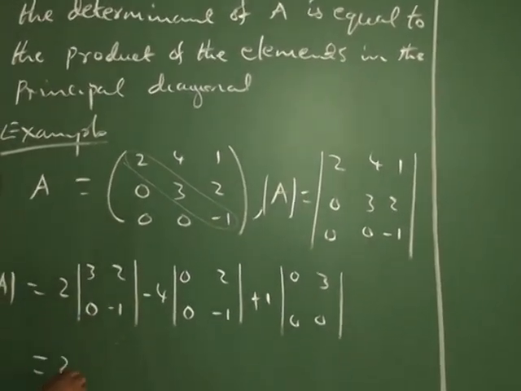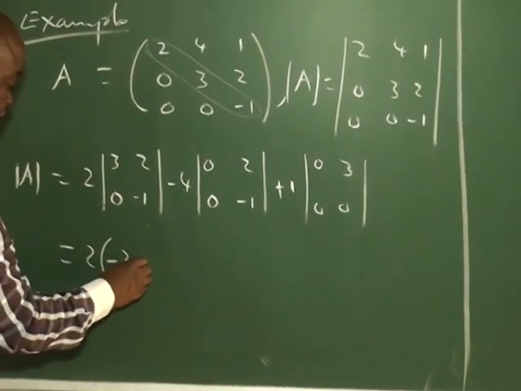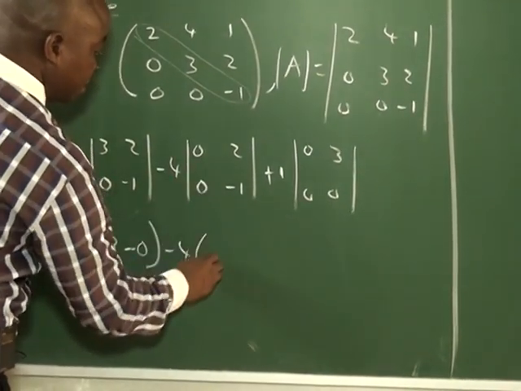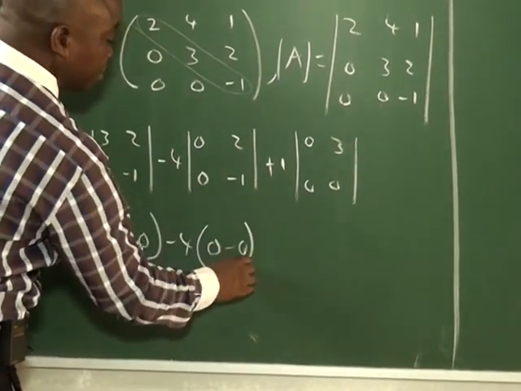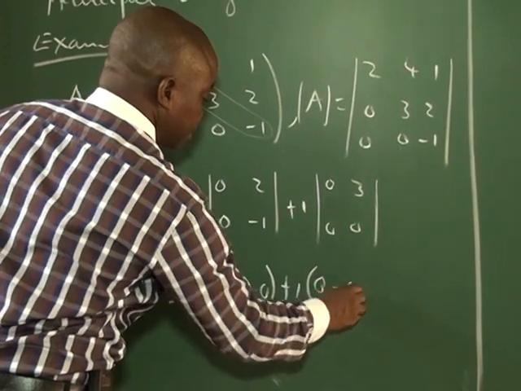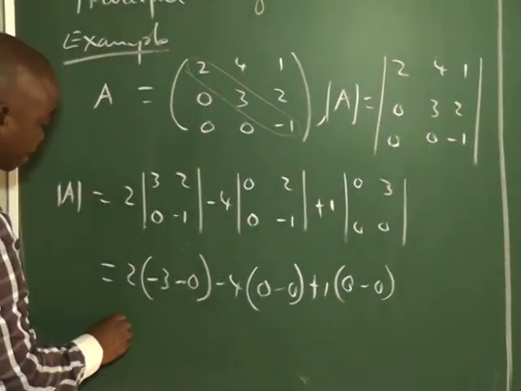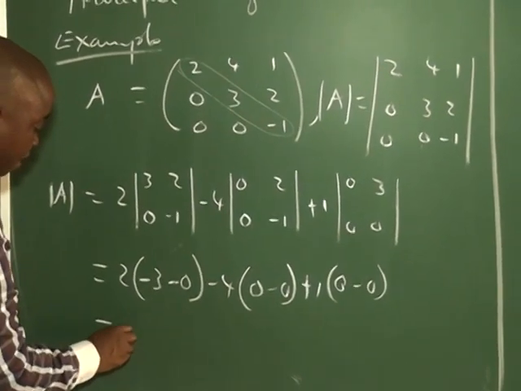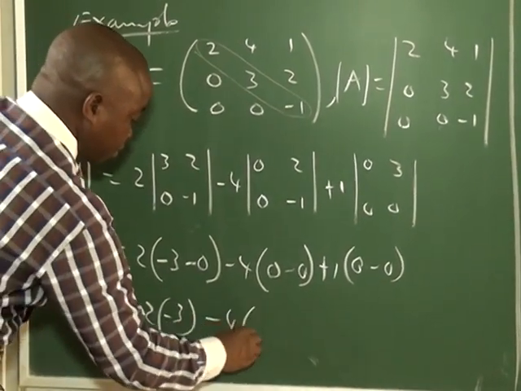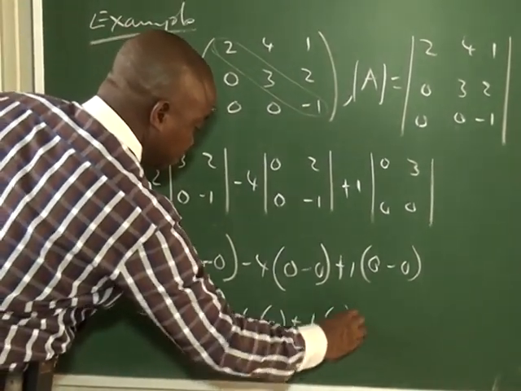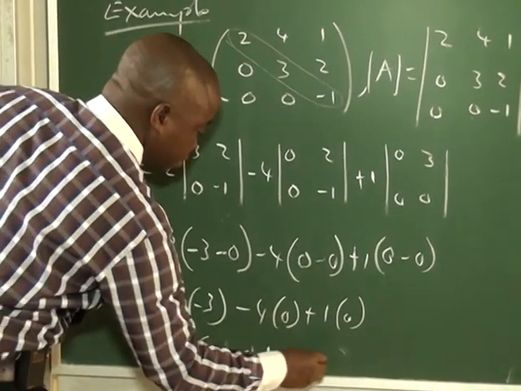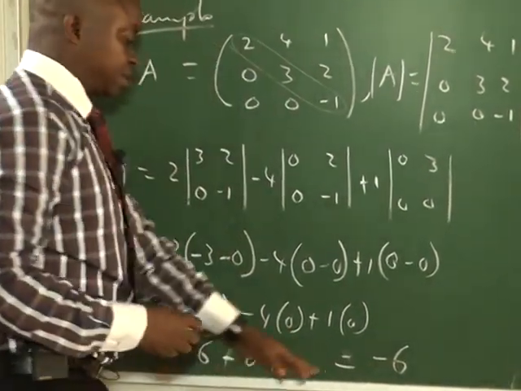So this will give us 2 times minus 3, minus 0, minus 4 times 0, plus 1 times 0. Of course, this will give us minus 6 minus 0 plus 0, and we have minus 6.